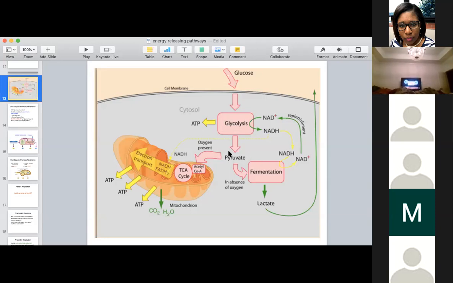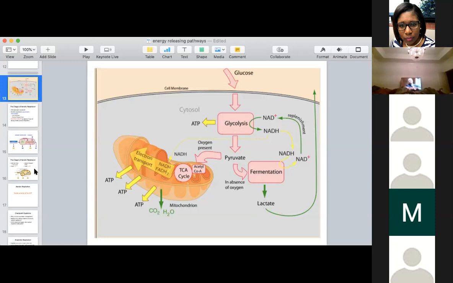So in the absence of oxygen, that pyruvate will then shift into a pathway known as fermentation, and the products will change. There are 2 different types of fermentation. There's lactic acid fermentation, where the product that's made is lactate, and then there's alcohol fermentation, which Nicole, you mentioned earlier, where ethanol is produced.